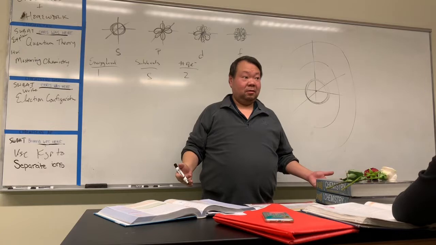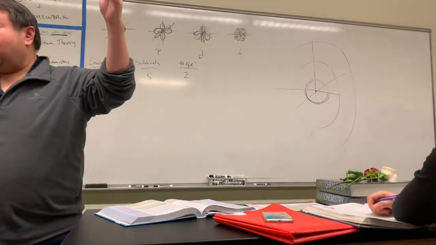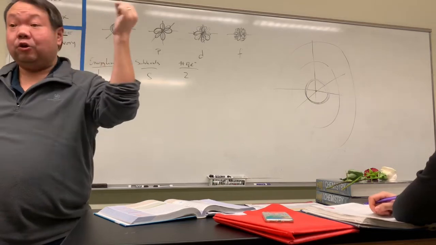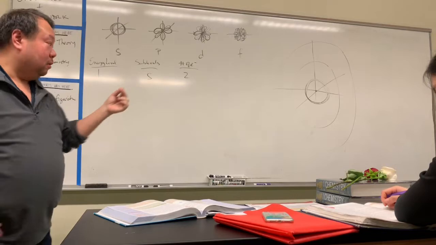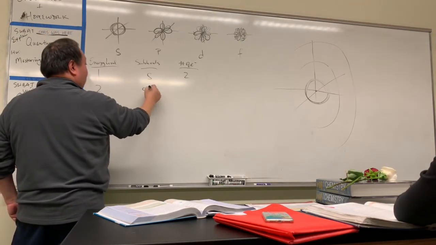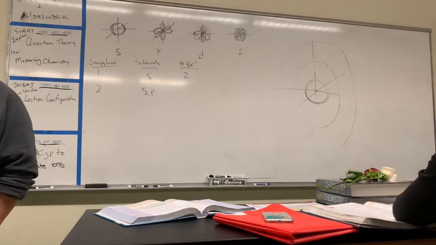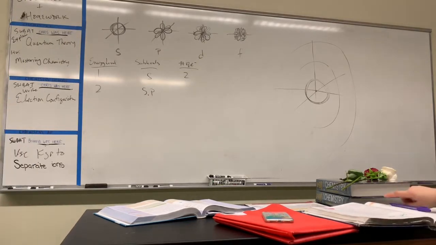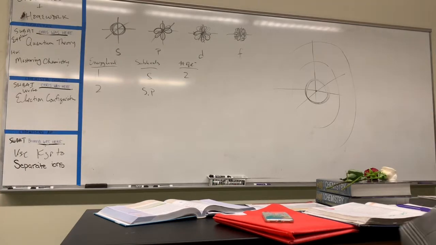Get it? Yes? The second energy level, which is farther away and has higher energy because it's farther away from the nucleus, guess what it has? S and P. An S and a P. So how many electrons can the second energy level hold? How many? 4. Absolutely wrong. 6. 8 is correct.